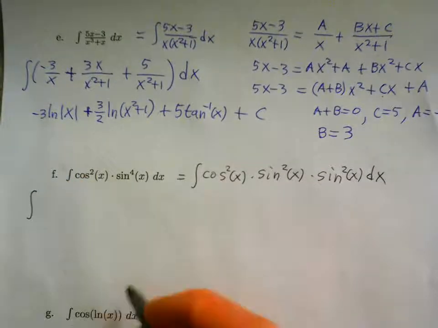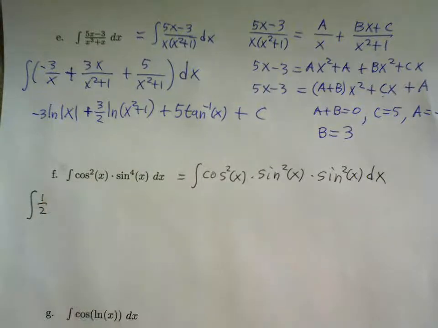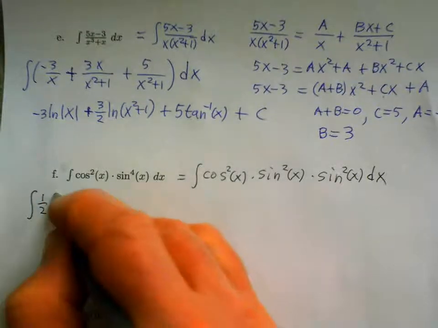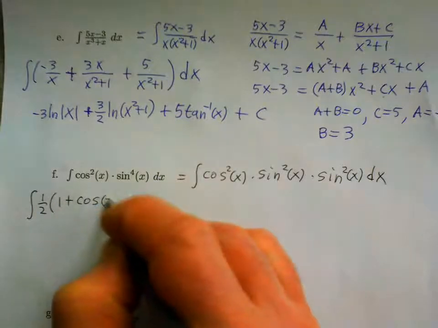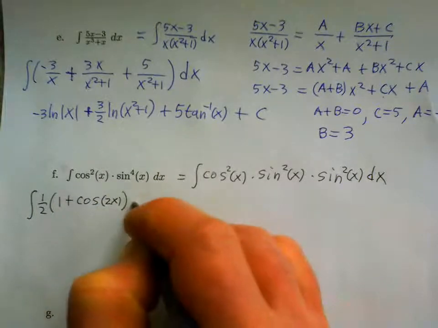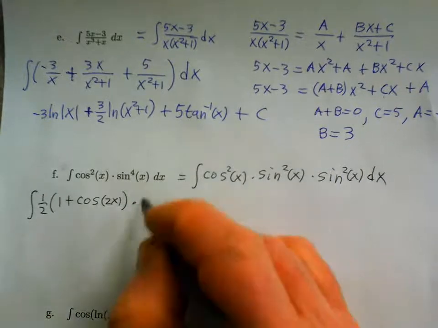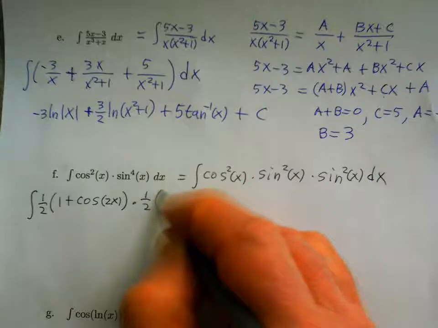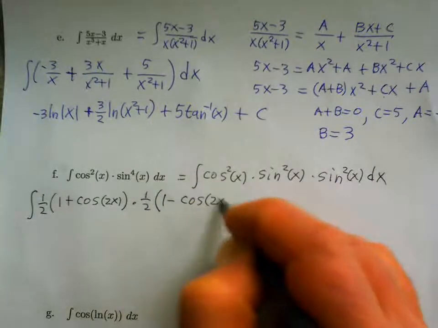So in particular, for cosine of x squared, 1/2 times the quantity 1 plus cosine of 2x. And for each of the sine of x squareds, we'll have 1/2 times the quantity 1 minus cosine of 2x.